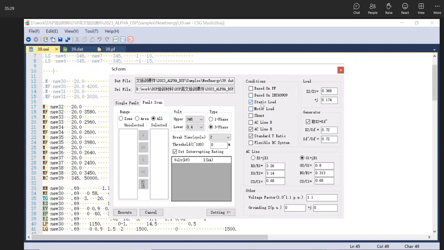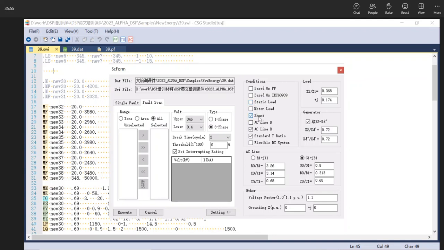If you select any node, it means you consider them. If you don't select, it means you ignore them. For example, in our home, the fan belongs to the motor load, but the television or refrigerator belongs to the static load.